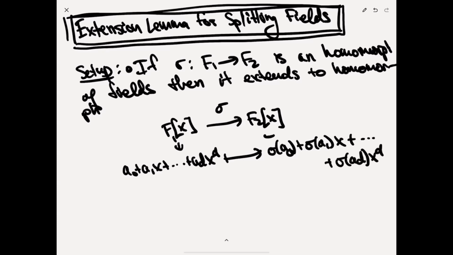So what we can do is you just take the polynomial, apply the sigma to the coefficients. All right. And then abusively, we're going to call it the same name. Okay. So now here's the claim.